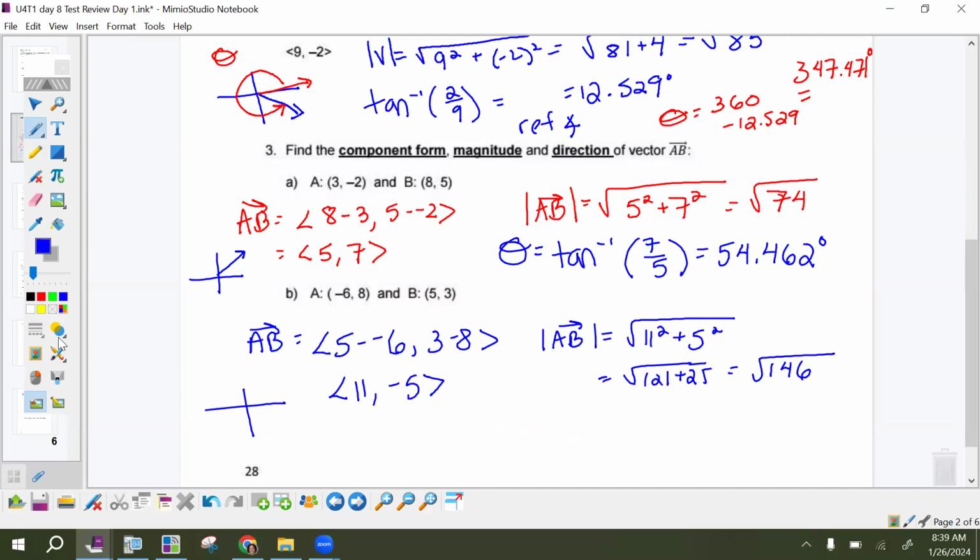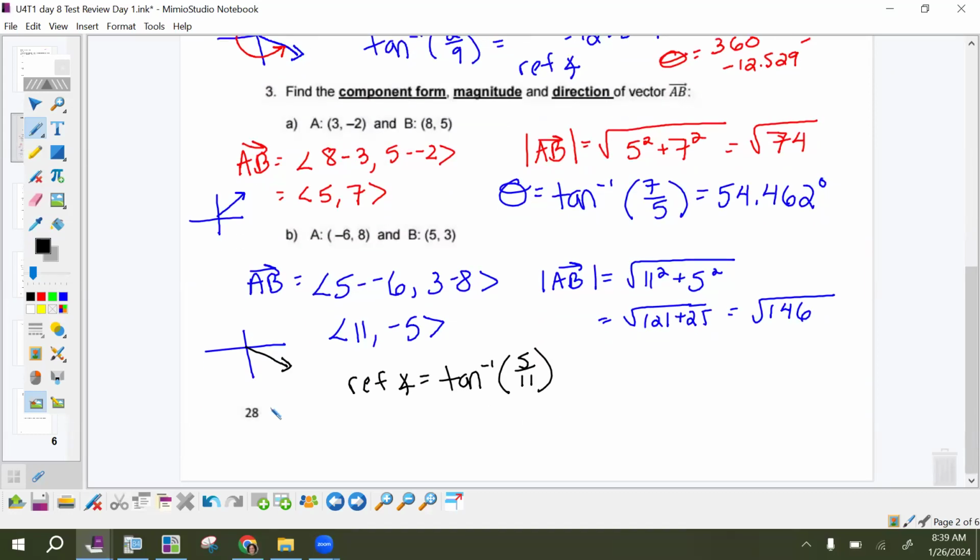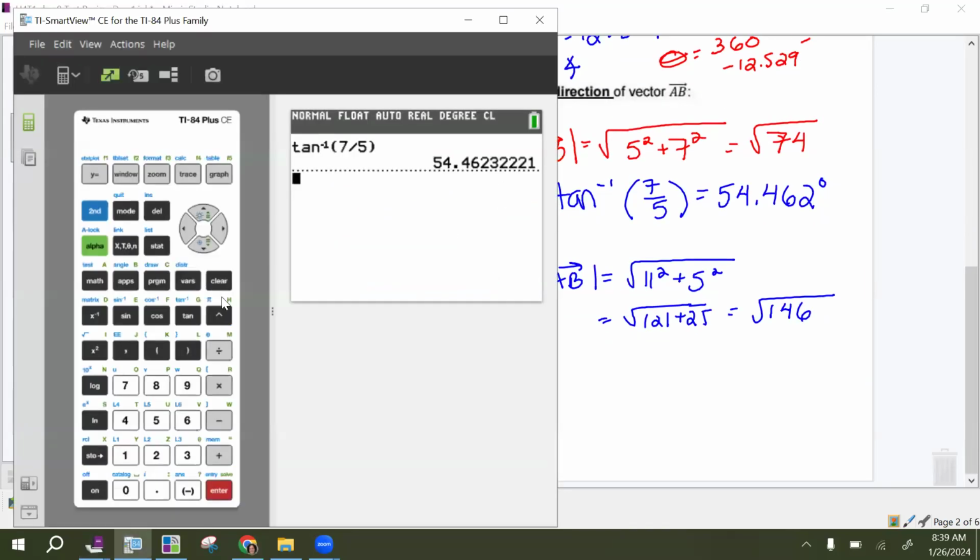And now the vector is in quadrant 4 again. So my reference angle I get from the tangent, 24.444.